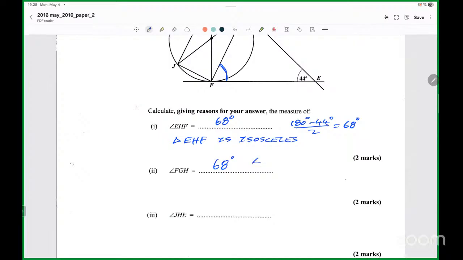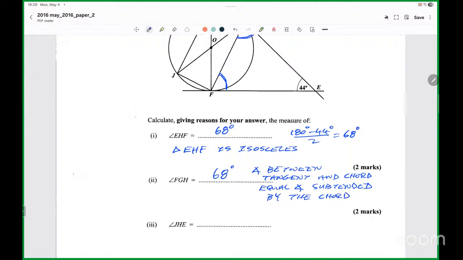Reason: the angle between the tangent and the chord equals the angle subtended by the chord.